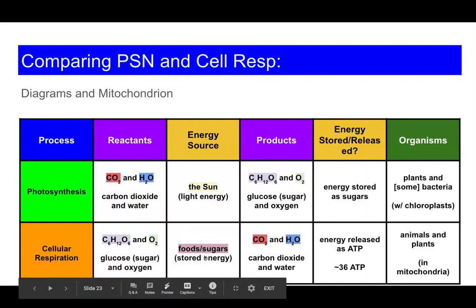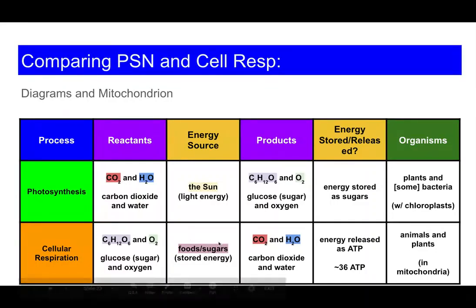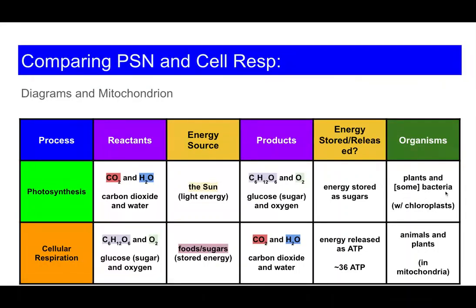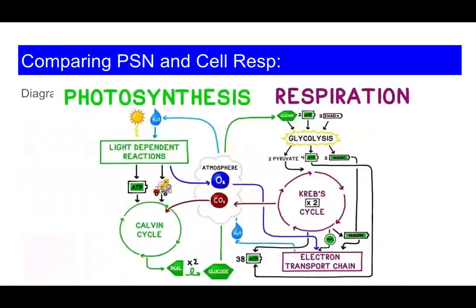We're using stored energy, so we don't actually require really any energy, a little bit to get things started, but not much. And then we release a ton of ATP, about 36 total. If it's not completely efficient, it can be a little bit less, or a little bit more if it's extra efficient. And then this happens in animals and plants, where only really plants are doing photosynthesis. There are some bacteria and some other organisms that can do that as well, and not every plant can, but more or less everybody can.